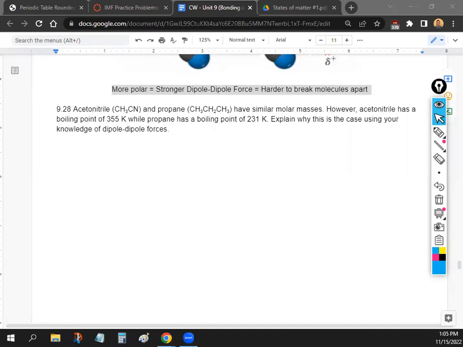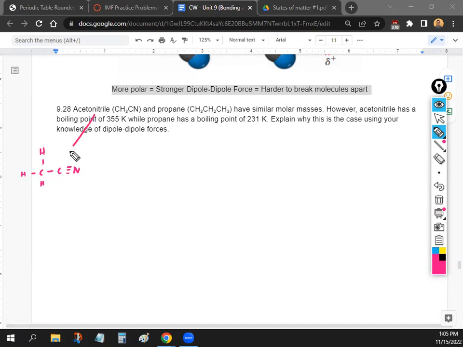The hint that I gave you for this problem is you might want to draw it. That way you can visualize what the structure looks like. So let's look at acetonitrile. I have the formula for you right there. Acetonitrile is gonna look something like this. You're gonna have CH3 on one side, you're gonna have a C and a triple bond to the nitrogen.